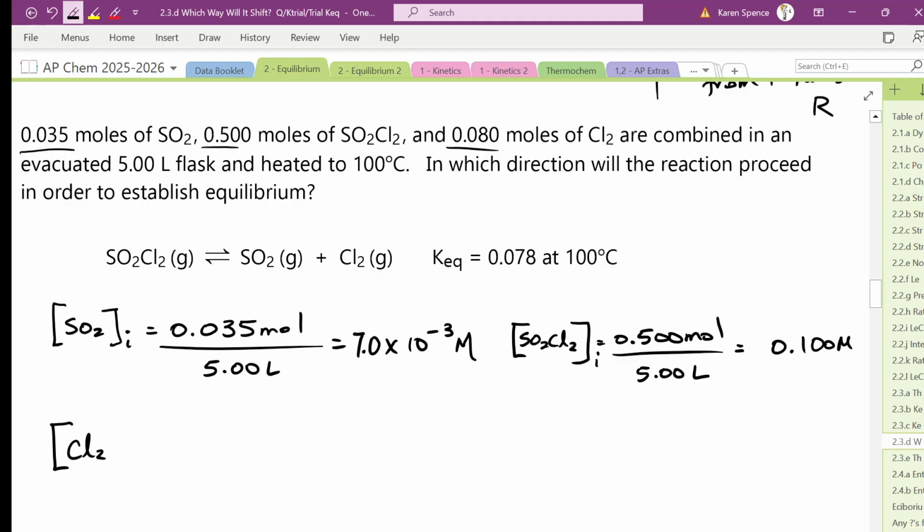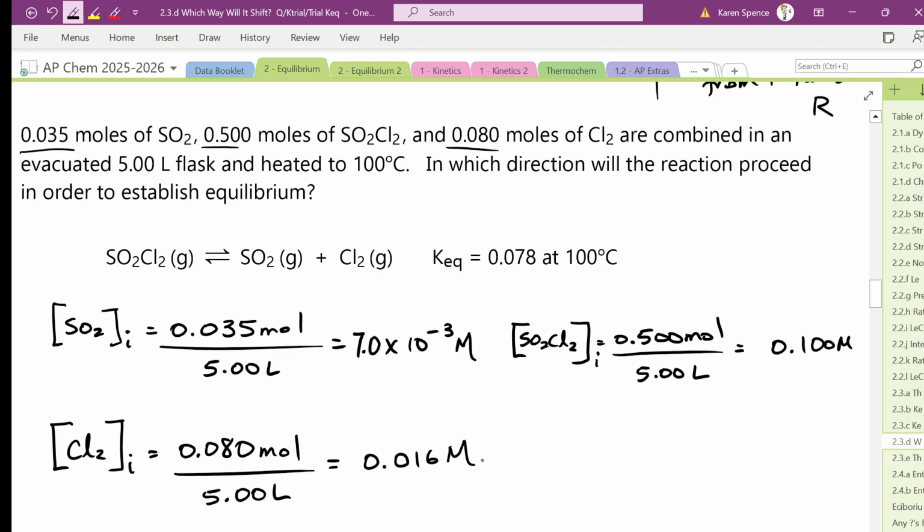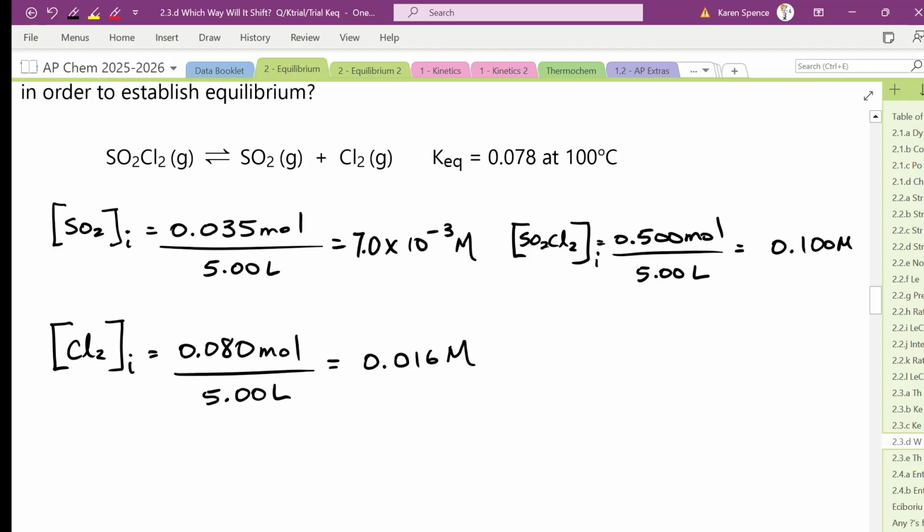Oh, and those are all initial. 0.080 moles in 5 liters, 0.016 molar. All right, so now we have our initial concentrations of everything. Can you guys figure out which way it's going to shift?